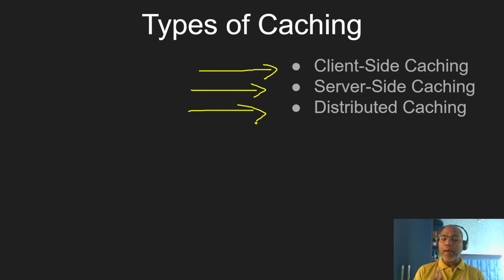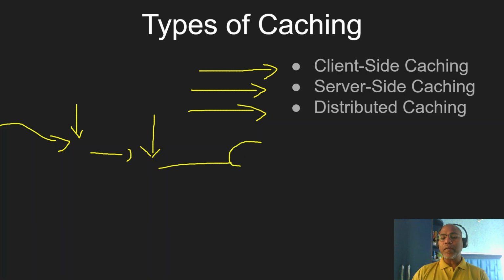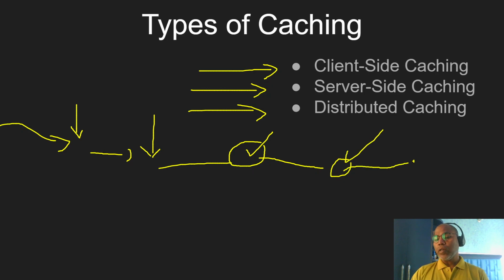You can apply cache on different layers. Any request that comes to the load balancer, you can apply caching. The API gateway, you can also apply caching. The front-end application, you can also apply caching. The application server, you also apply caching. And the database, there also we apply caching.